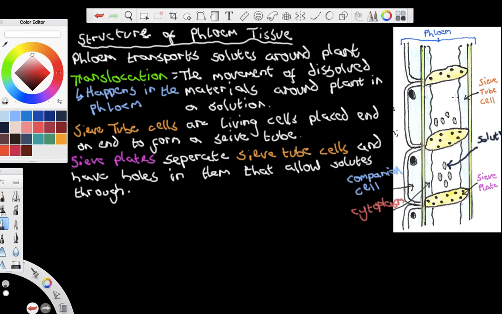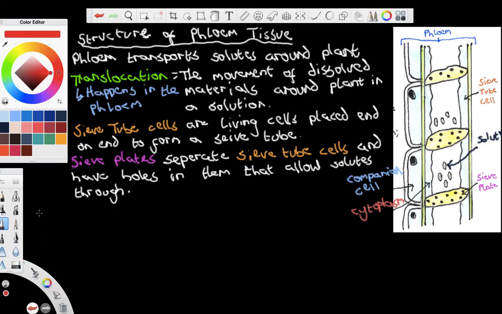So these sieve tube cells are living because the companion cells have all of their organelles. A sieve tube in itself does not have a nucleus, mitochondria or ribosomes. However, it shares the nucleus, mitochondria and ribosomes of these companion cells.